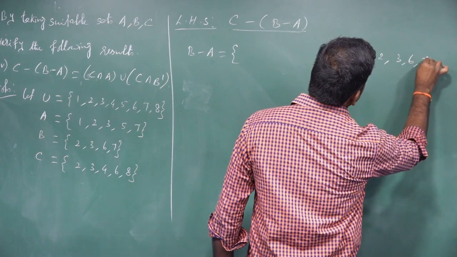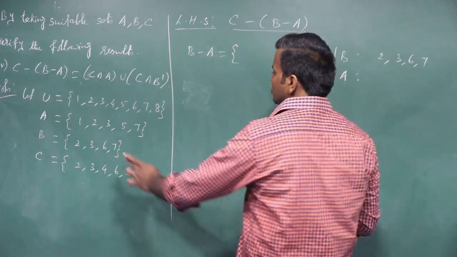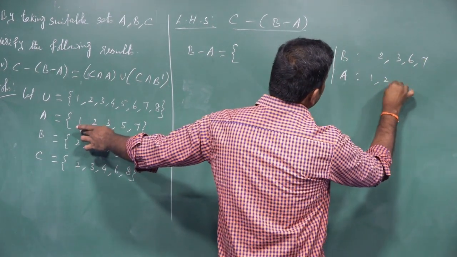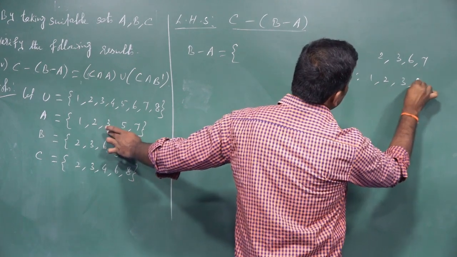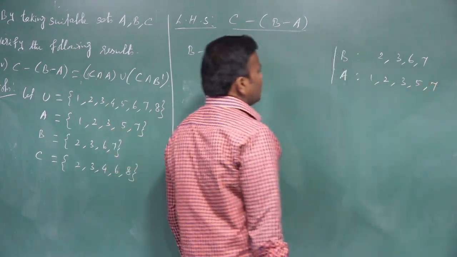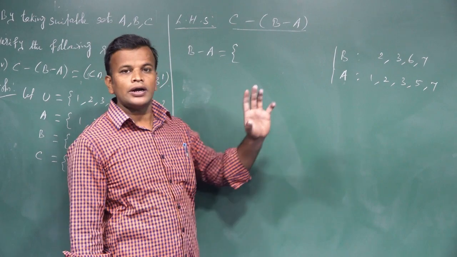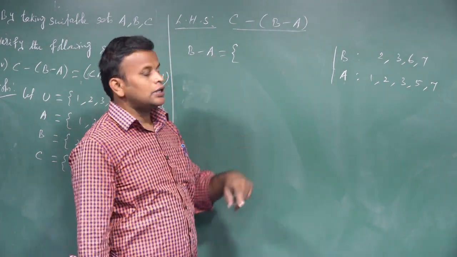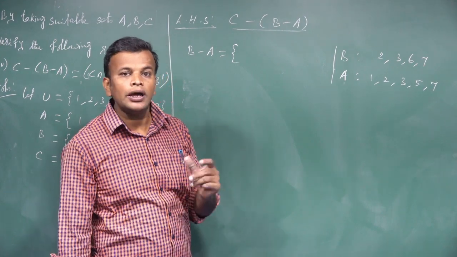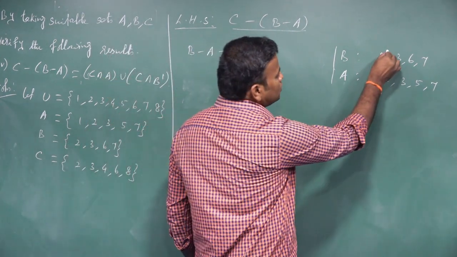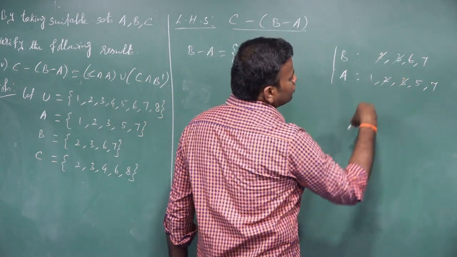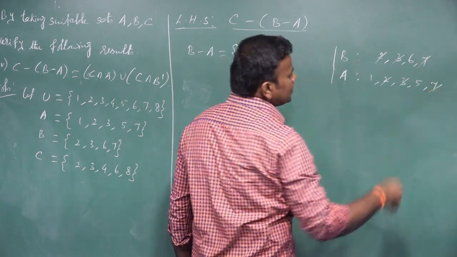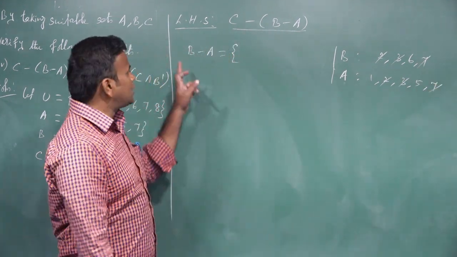The value of A is 1, 2, 3, 5, 7. When we find the difference, for understanding purpose we write the two sets B and A. Then we strike out the common elements. So what are the common elements here? 2, 3 and 7.